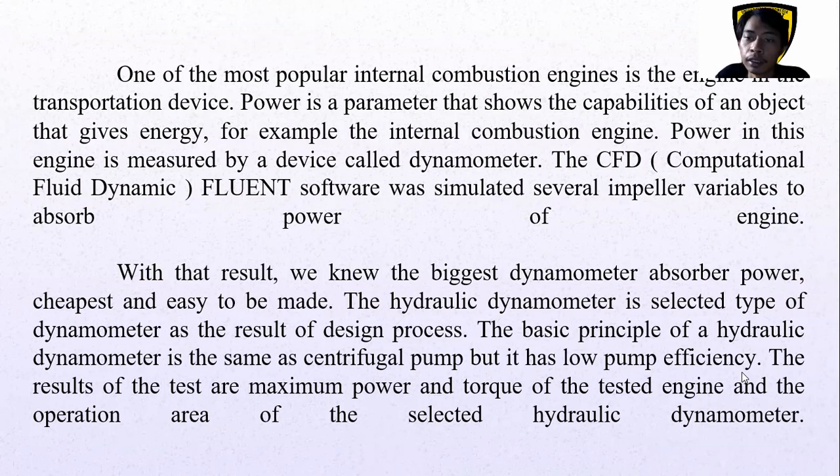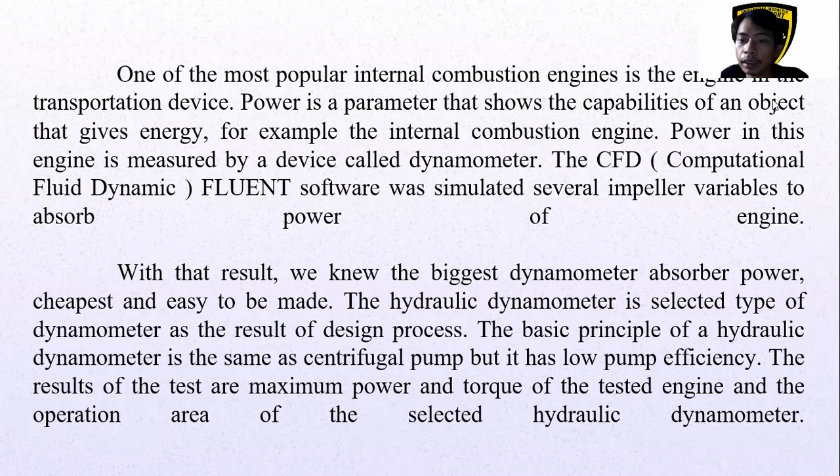The CFD or Computational Fluid Dynamic software simulated several impeller variables to absorb power of the engine. With that result, we know the biggest power-absorbing dynamometer, which is cheapest and easy to make.